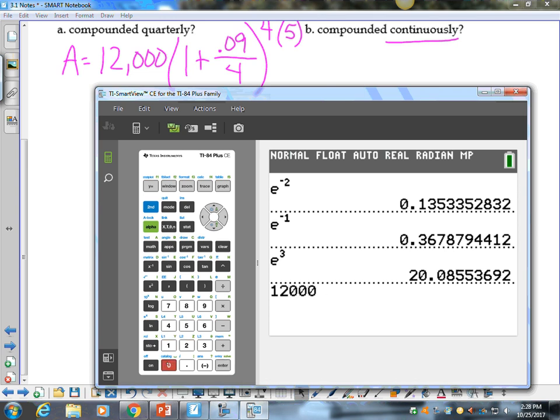And some people like to type it in parts. I don't recommend that. You forgot it's 0.09. Oh, it's 12,000. Yeah, that's a big difference. 0.09 divided by 4. Okay, to the. Now, oh, nope.